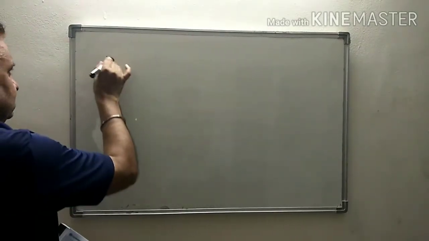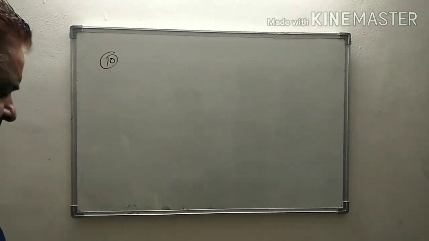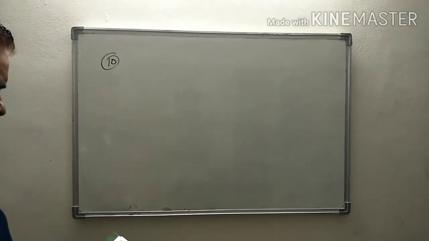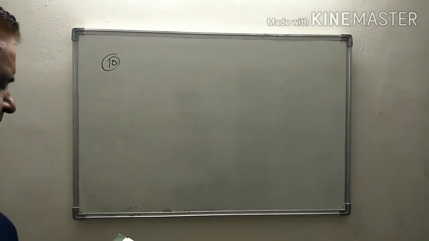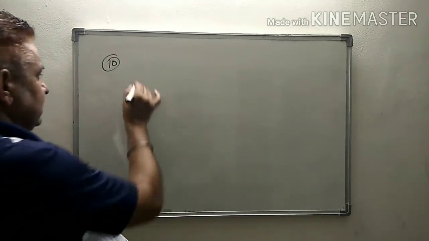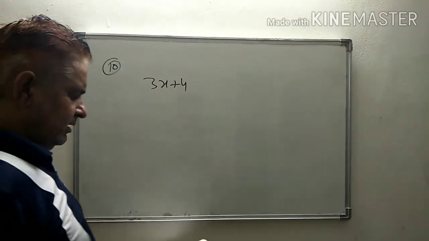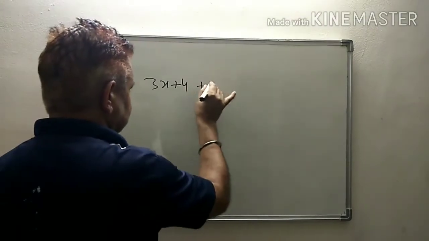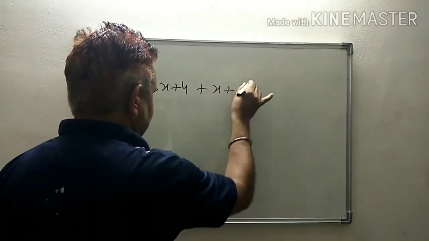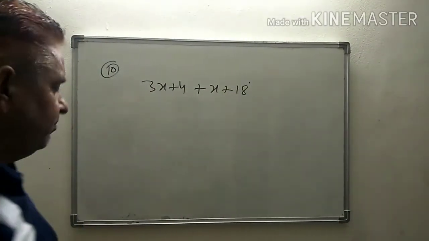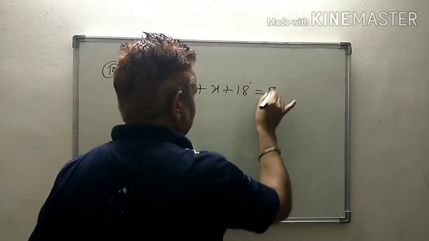Question 10. In this figure, angle A and angle B are complementary angles, 3x plus 4 and x plus 18. These angles are complementary angles.